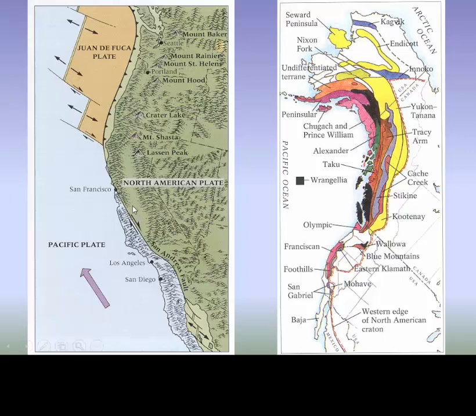You can see San Francisco is right on this fault, but Los Angeles and San Diego are on one side of the plate, moving in one direction relative to the rest of North America. It's really interesting. I believe up at the University of California, their football stadium is literally on the fault. In the last 10 years, they've undergone basically a retrofitting to account for that.